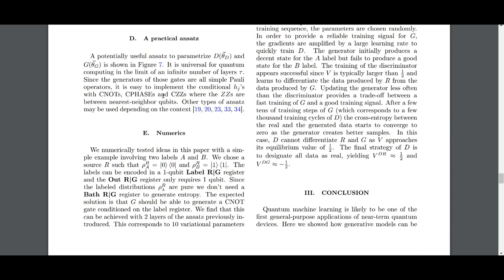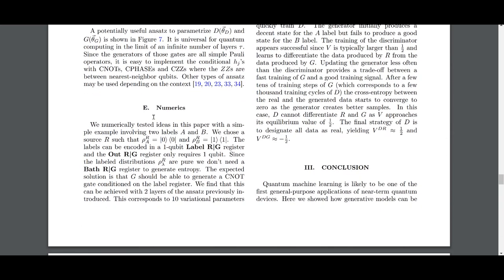Since the generators of those gates are all simple Pauli operators, it is easy to implement the conditional H, since the X's and Z's and ZZ's are between nearest neighbor qubits. Okay.